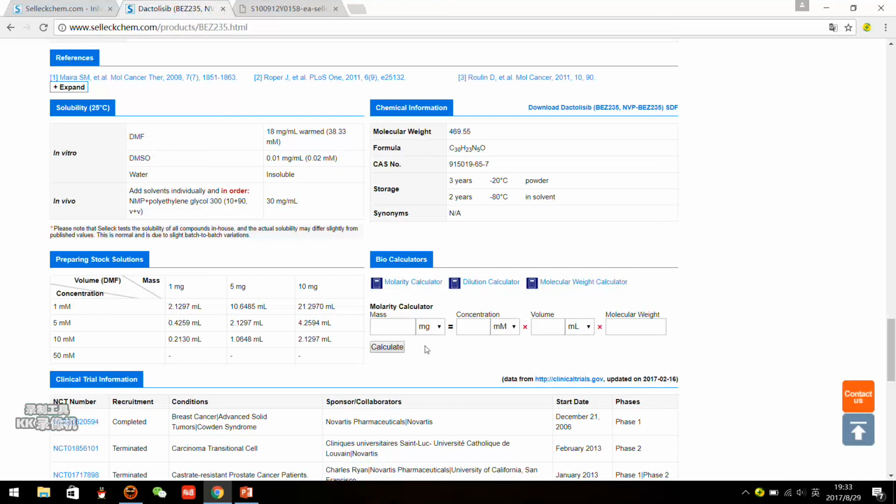For example, molecular weight, then click calculate. Then we get the result quickly. The best design here is that the unit, you see, the unit is customized.